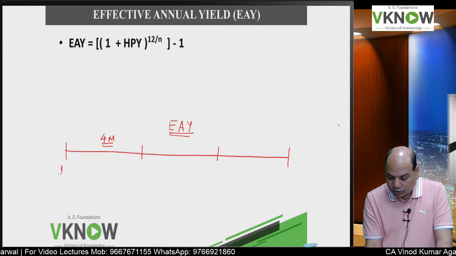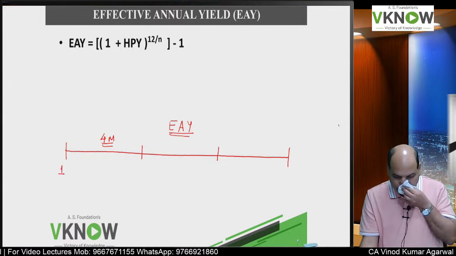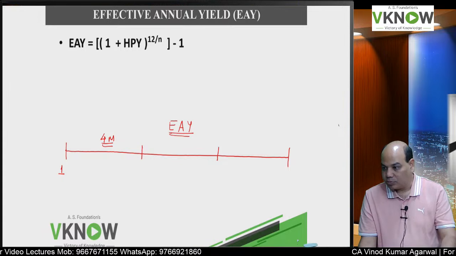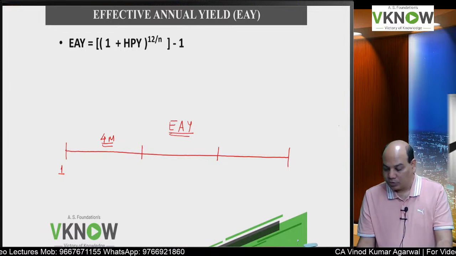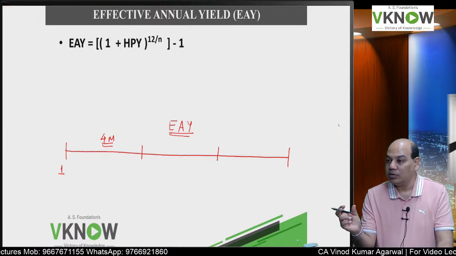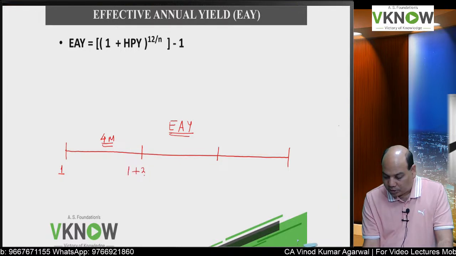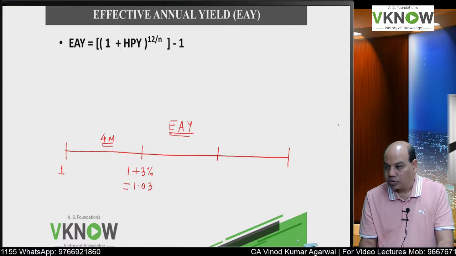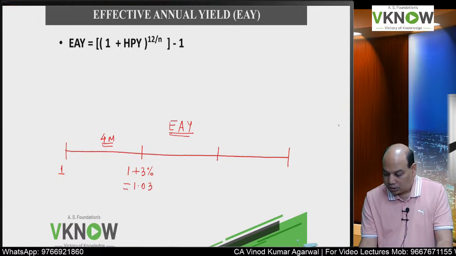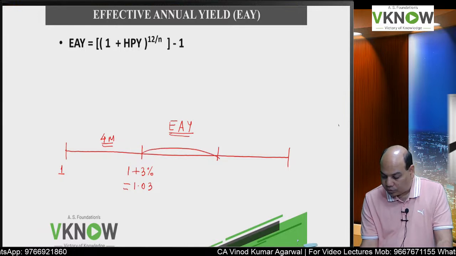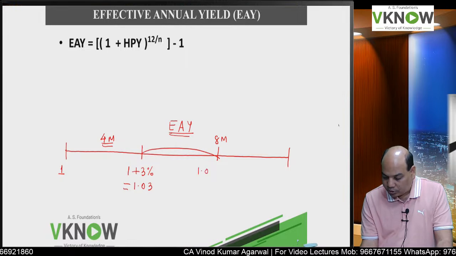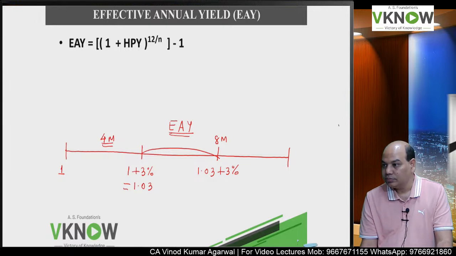So suppose you have 1 rupee invested at the beginning. And what is your holding period yield? 3%. So 1 rupee will become 1 plus 3%, 1.03. Then after another 4 months, that means at the end of 8 months, 1.03 will earn another 3%.